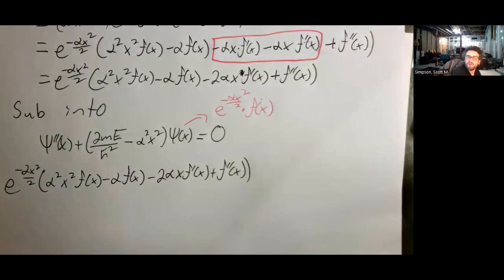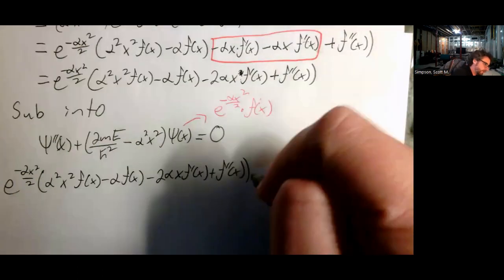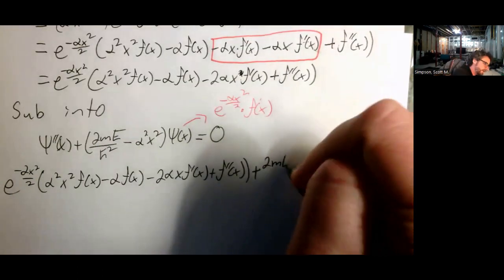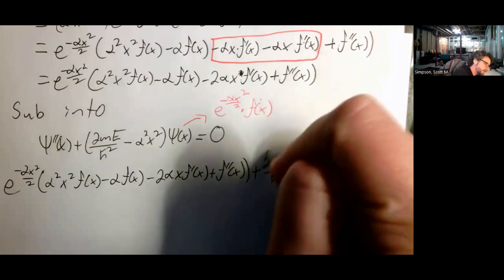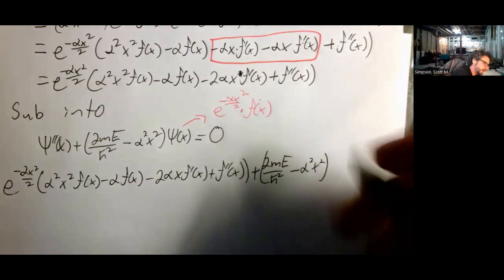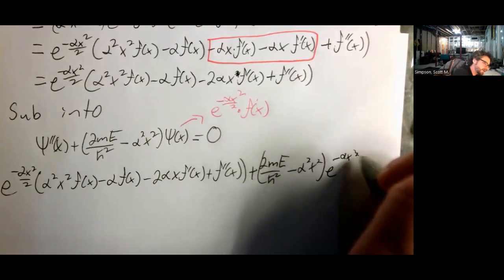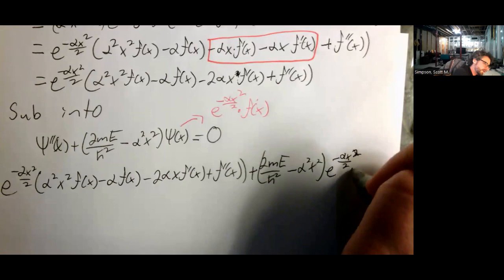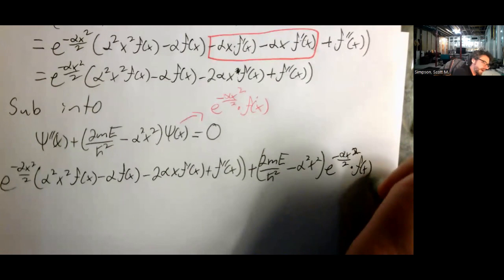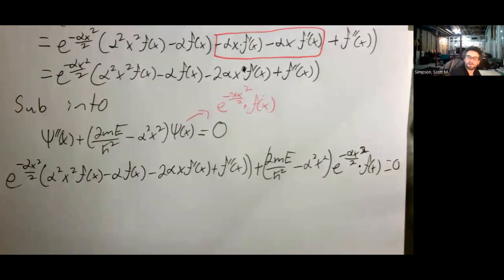We're going to plug that in and see what we get. So we get plus 2me over h bar squared times minus alpha x squared times e to the minus alpha x squared over 2 f of x. And that is all equal to 0. I can barely fit that on the page.